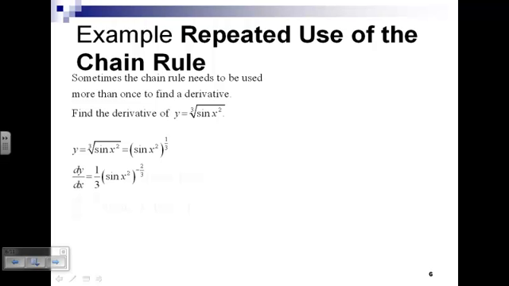Here we go with the first step of that: the derivative of the outside. Well, what is the outside function in this case? It's the cube root of x. It's the outside.